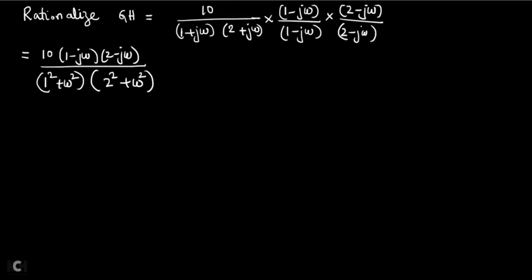Now what happens to the numerator? You should multiply the numerator. I will multiply the numerator term 1 into 2 minus j omega. So this term into this term I will multiply. It comes like 2 minus j omega, first term into second term. Now minus j omega into 2.